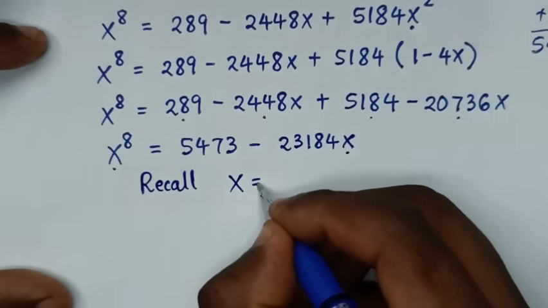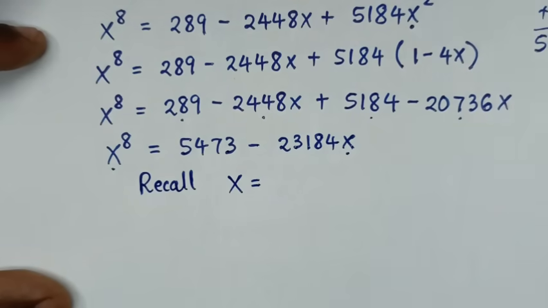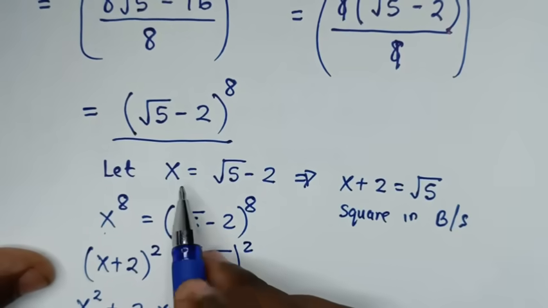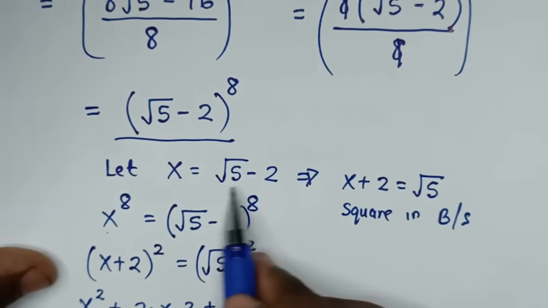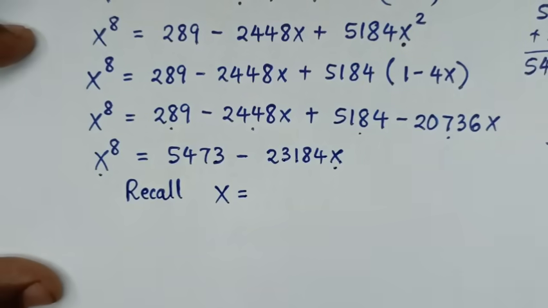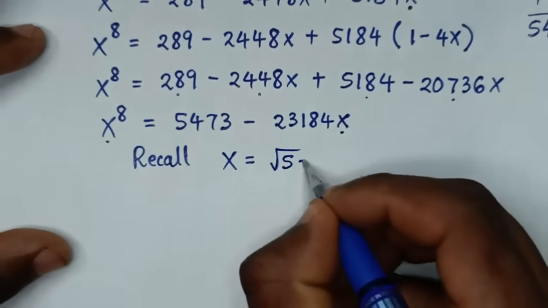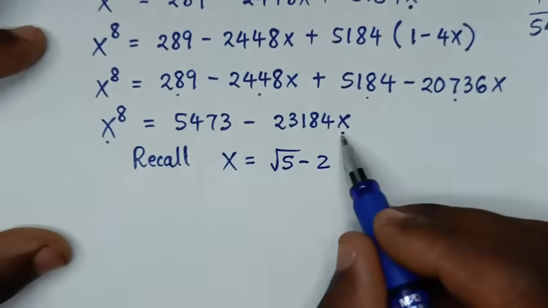Then in the next step, we recall this x. Before, we let x be equal to the square root of 5 minus 2. So from x here, which is the square root of 5 minus 2, we substitute into our equation.